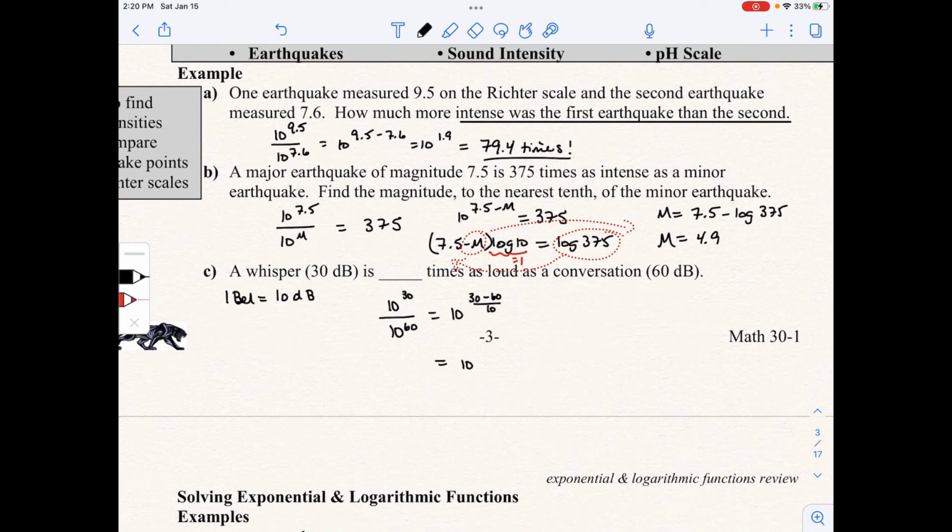So we've got 10 to the power of negative 30 over 10, which is 10 to the negative 3. If we rewrite that as 1 over 10 cubed, that's 1/1000th, which makes sense because a whisper of 30 decibels is, of course, not louder, so it is 1/1000th as loud. 1/1000th times as loud.